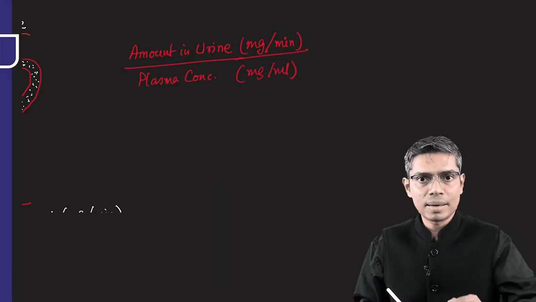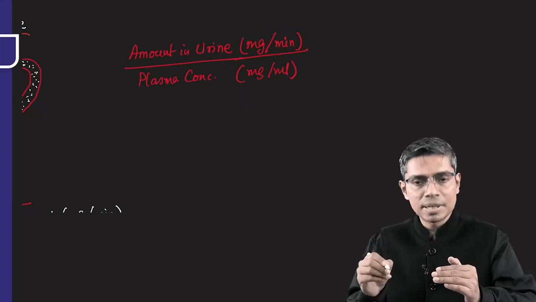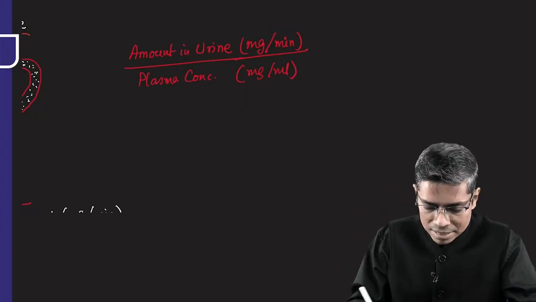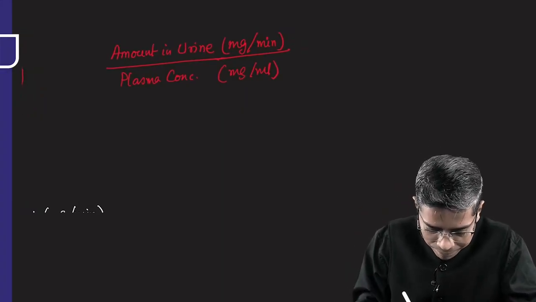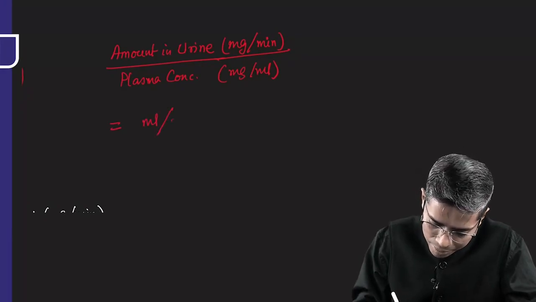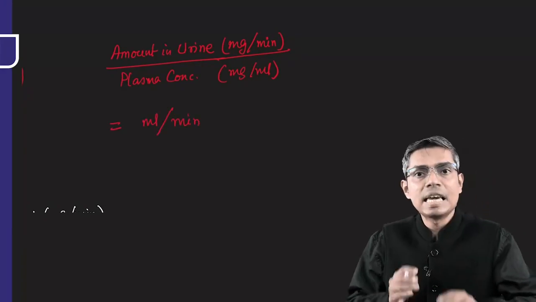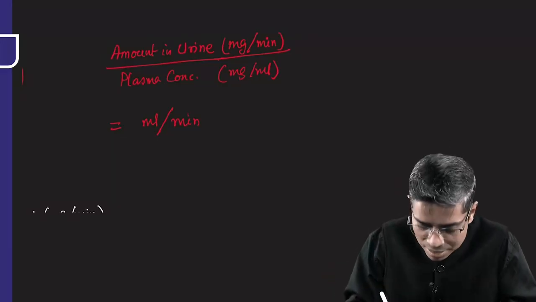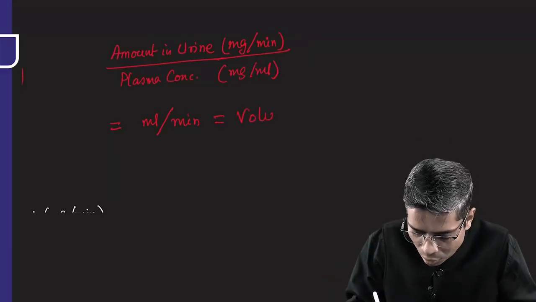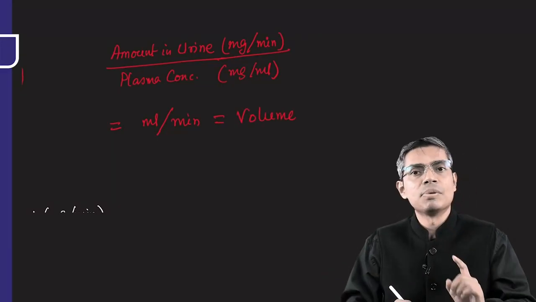If you divide this, what will happen? Ultimately you are going to get a unit which is ml per minute. What is this unit? This is a unit of volume per unit time.